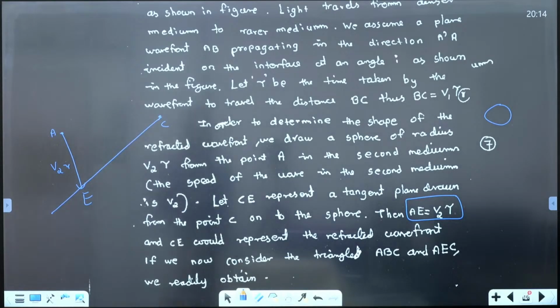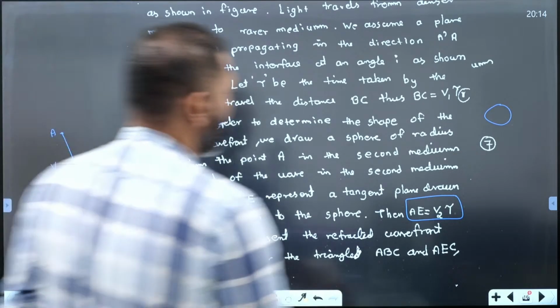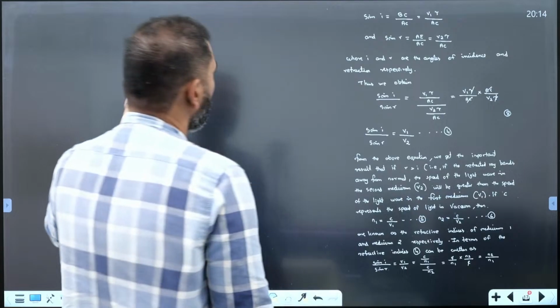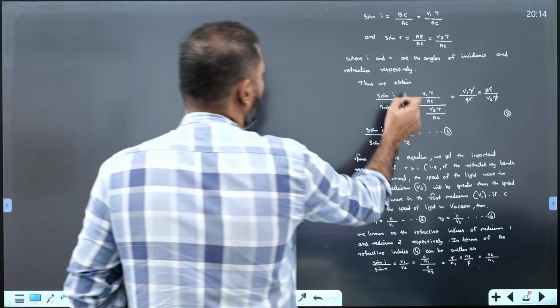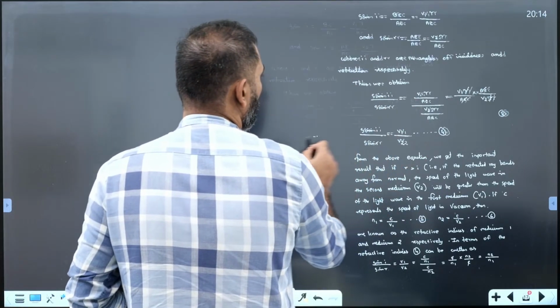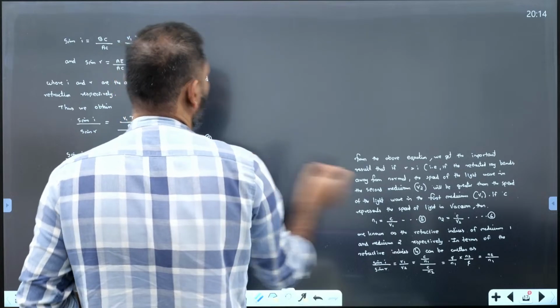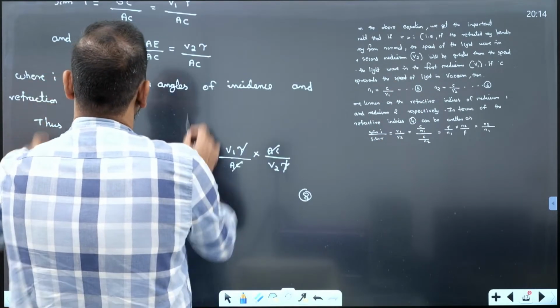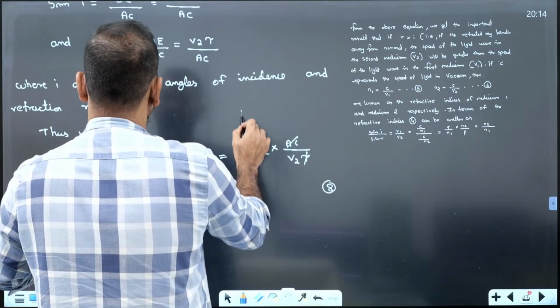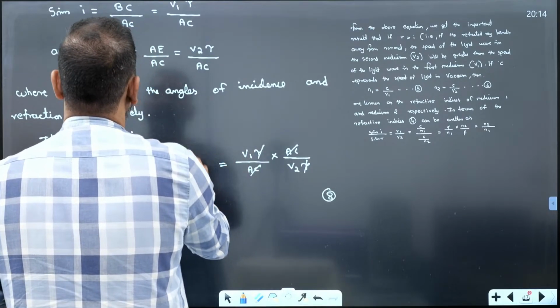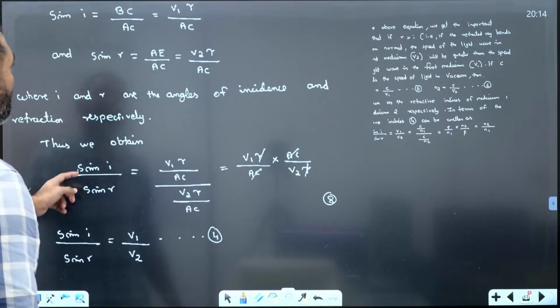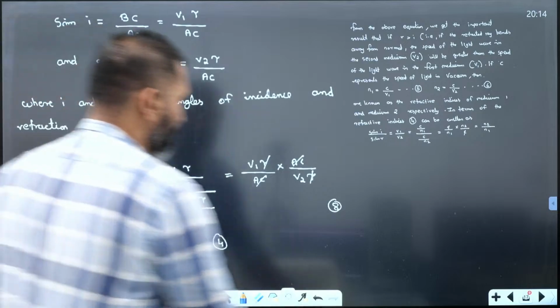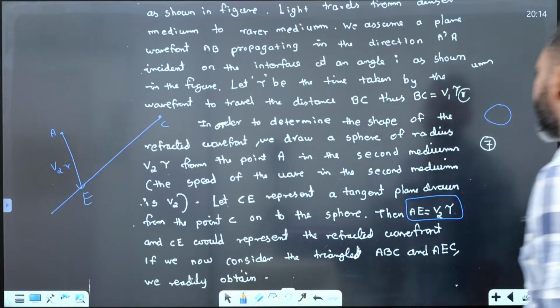Yeah, we readily obtain, the same as the previous derivation. What is that derivation? Sin i is equal to what? Once again I will show you that figure.